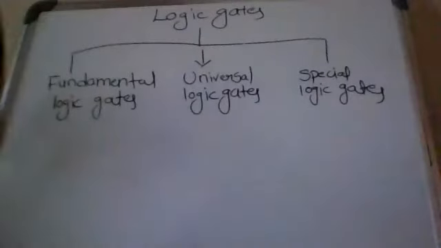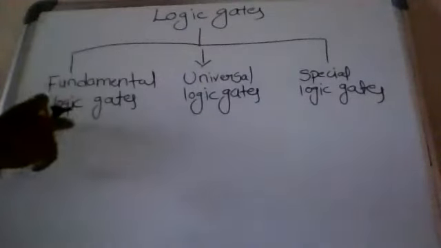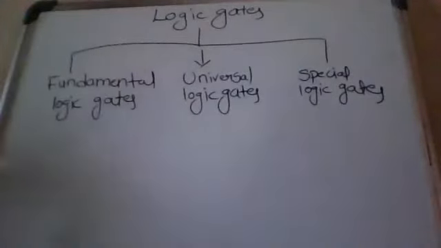So logic gates are three types. What are they? Fundamental logic gates, universal logic gates, special logic gates.